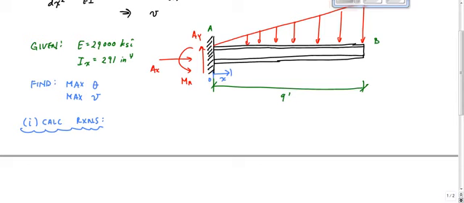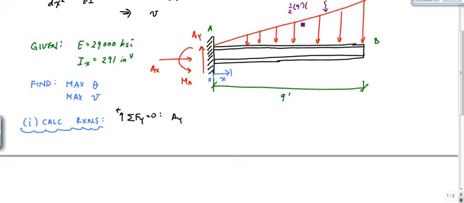Okay, but here, by doing that, if I sum forces in the y equal to 0, or the vertical, right here, I have AY minus the resultant of this triangle, which is, I'll put the purple arrow here, 1/2 the base, which is 9 feet, times 3 kip per foot, which is 13.5 kips, equal to 0.